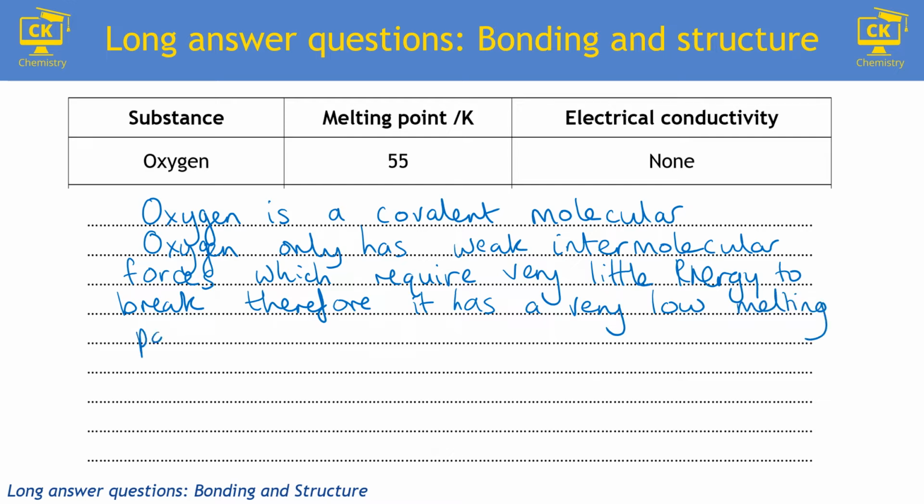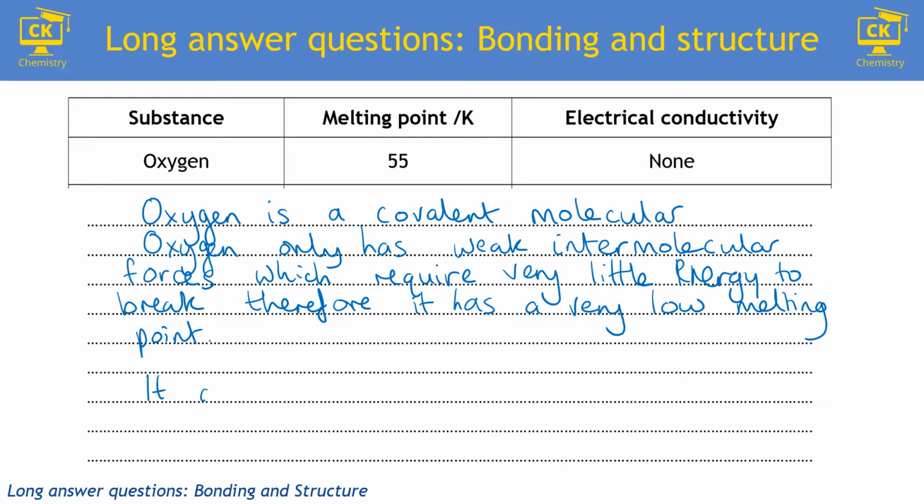Now we want to talk about conductivity, and again, we think about what it is that makes something conduct. It's charged particles, either electrons or ions, that are somehow free to move. So oxygen doesn't have delocalized electrons and it doesn't have ions. So that is our explanation for conductivity or lack of.